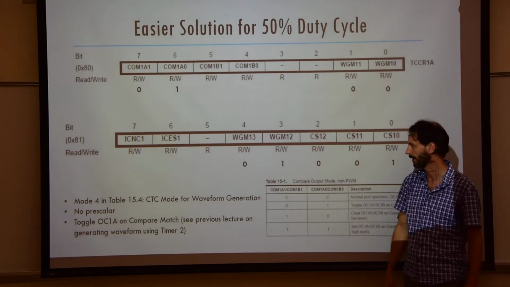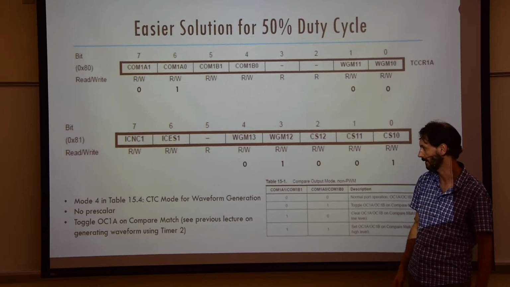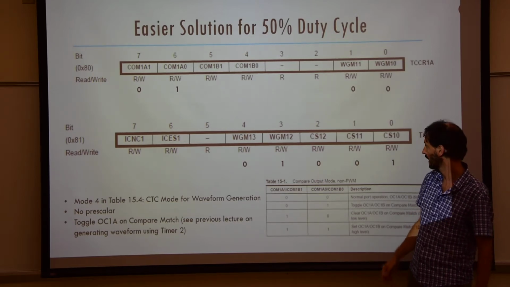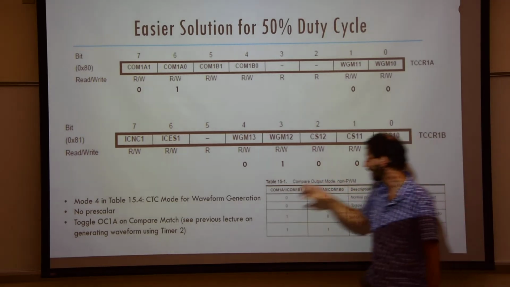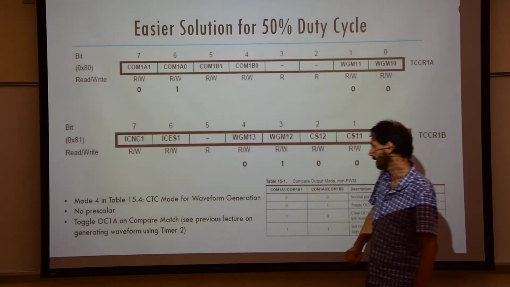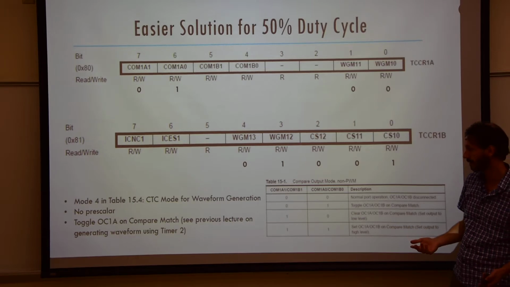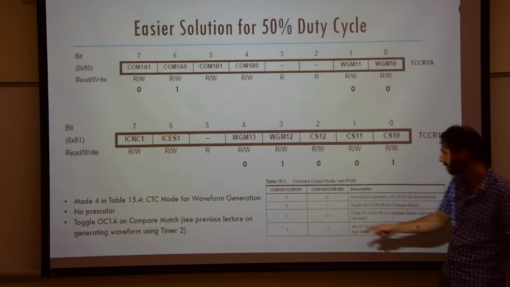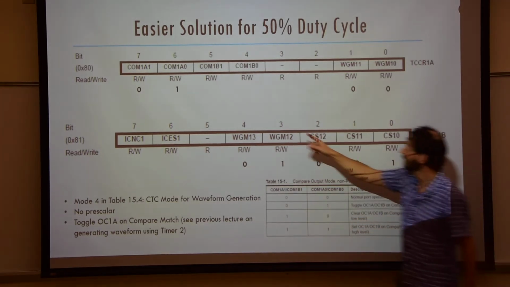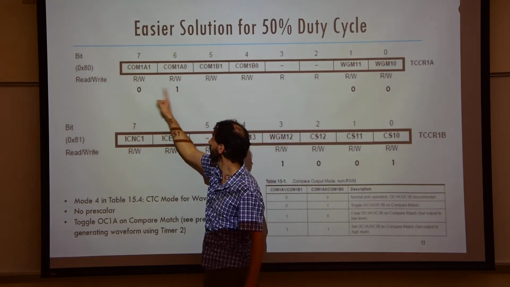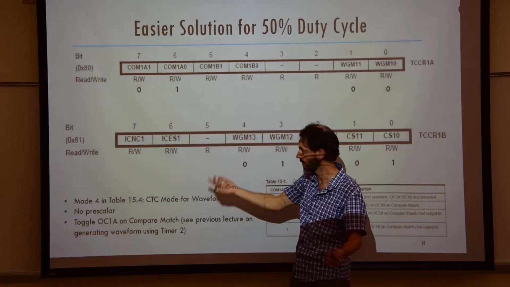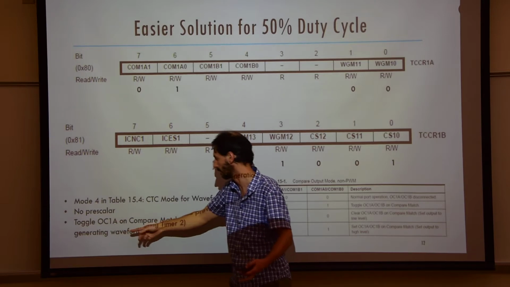Then you match the OCR1A register. And again, you can, for example, use no prescaler, and we can simply toggle the OC1A channel on a compare match if we program this particular bit pair to 0 and 1. So let's say we're now interested in OC1A instead of OC1B.